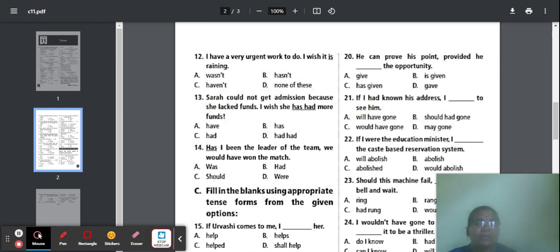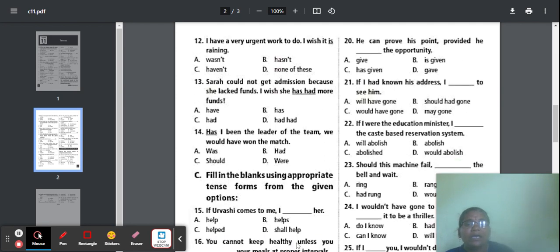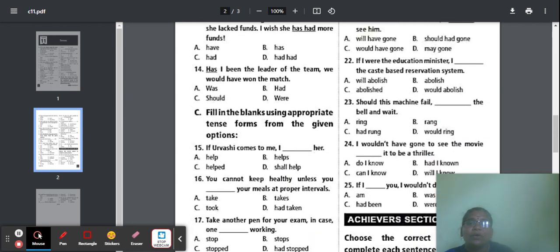This is one type of conditional sentence. So if is coming, so here one present tense, so surely future tense will come. If Urvashi comes to me, I shall help her. So the answer will be option D. I shall help her.